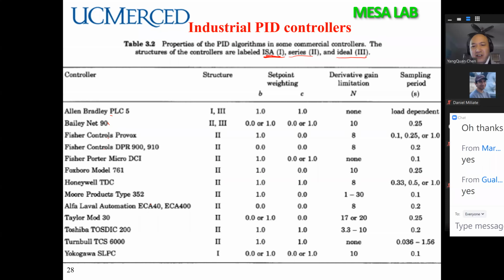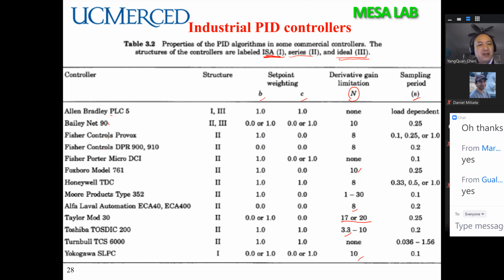Different companies use different formulas of the PID, whether they have set point weighting or not, and a practical derivative limitation. Sometimes they use 8, sometimes 10, some 3.3, or sometimes even bigger, and so on and so forth.